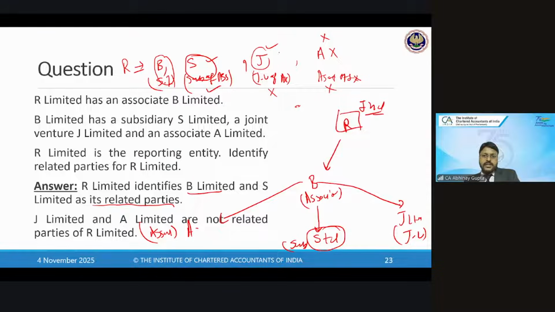So neither does control exist here, nor here. Unless and until the associate controls somebody, that will not be covered. So for R Limited, B Limited is the associate covered and the subsidiary S Limited is also covered, correct? So the controlled entity of an associate is covered.